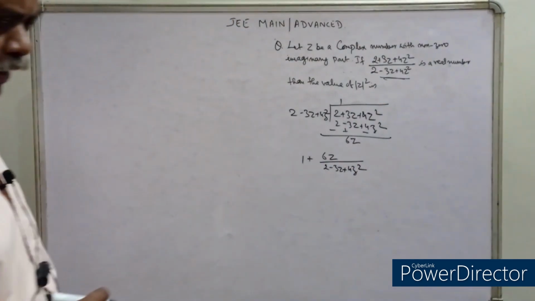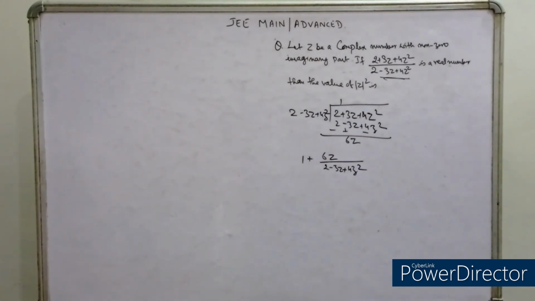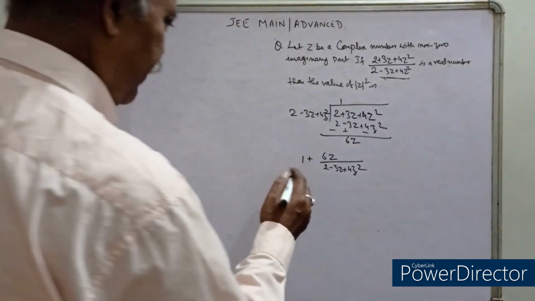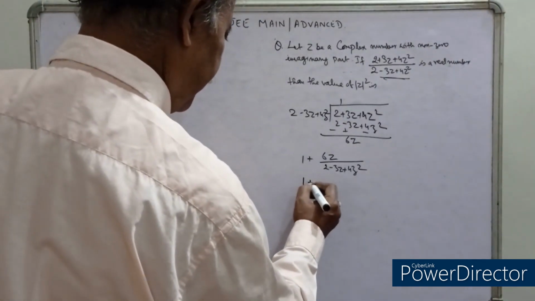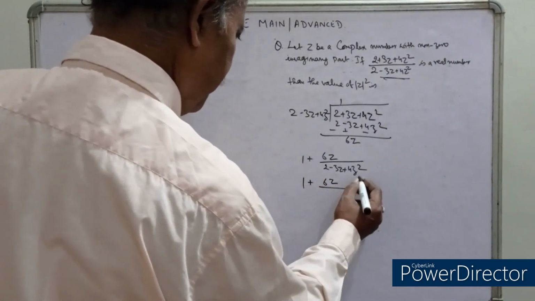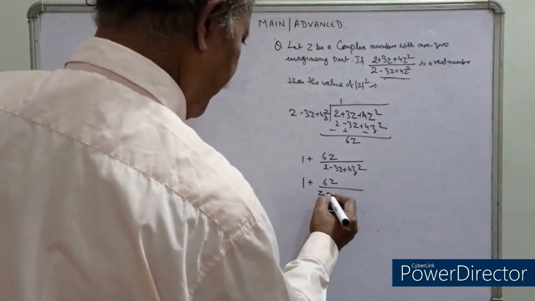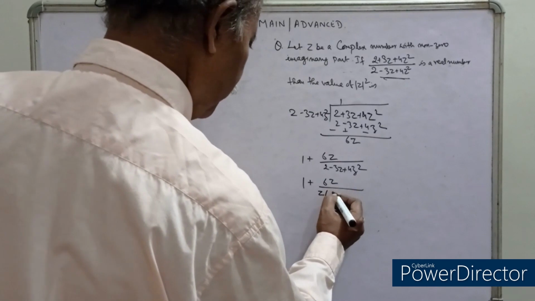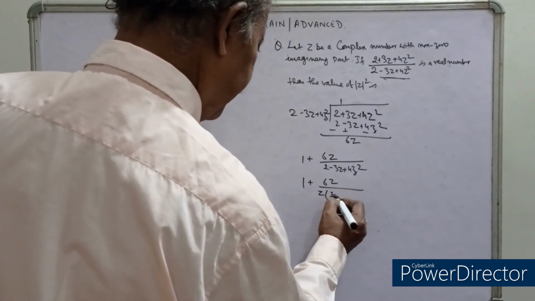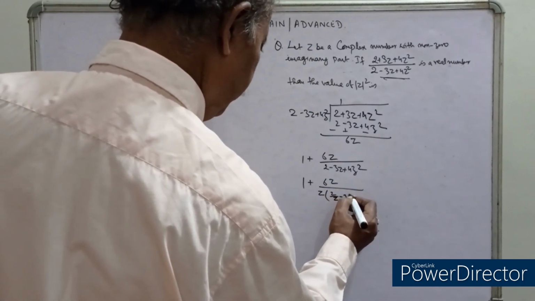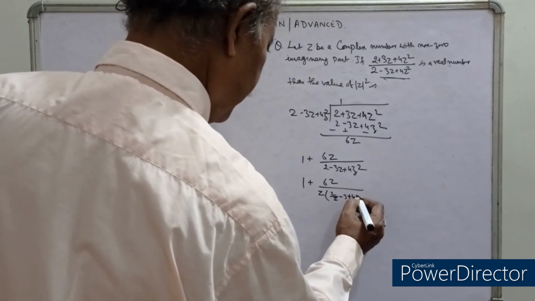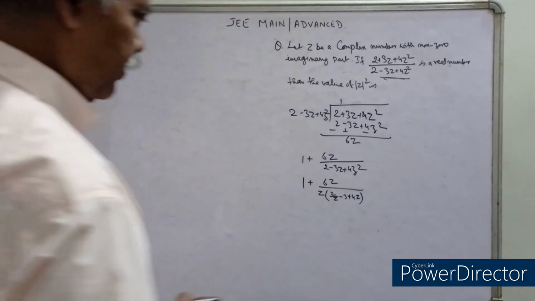This comes out to be this much when I divide it. So again I will try to minimize it. Let me take Z common. If I take Z common, this will be 6Z by Z times 2 by Z minus 3 plus 4Z.